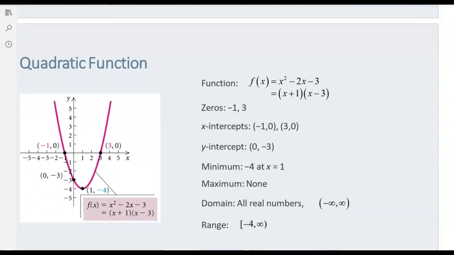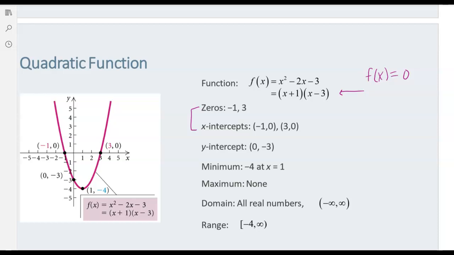Just a little review as far as quadratic functions are concerned. If we factor a given quadratic function, we are able to assess from that what the zeros are, or the x-intercepts, right? Those two things are related to one another. What we're really doing in that case is we're setting the original equation, f of x, equal to 0, and then solving.